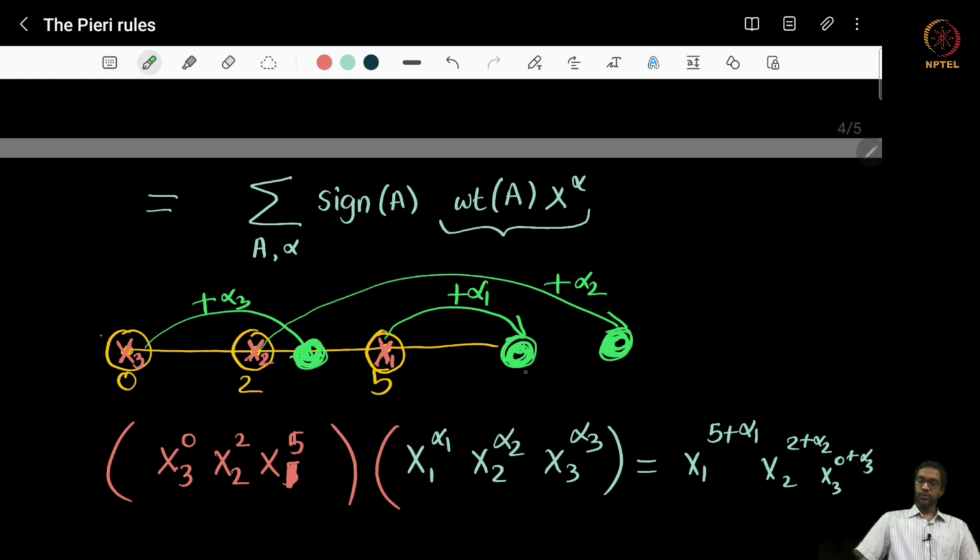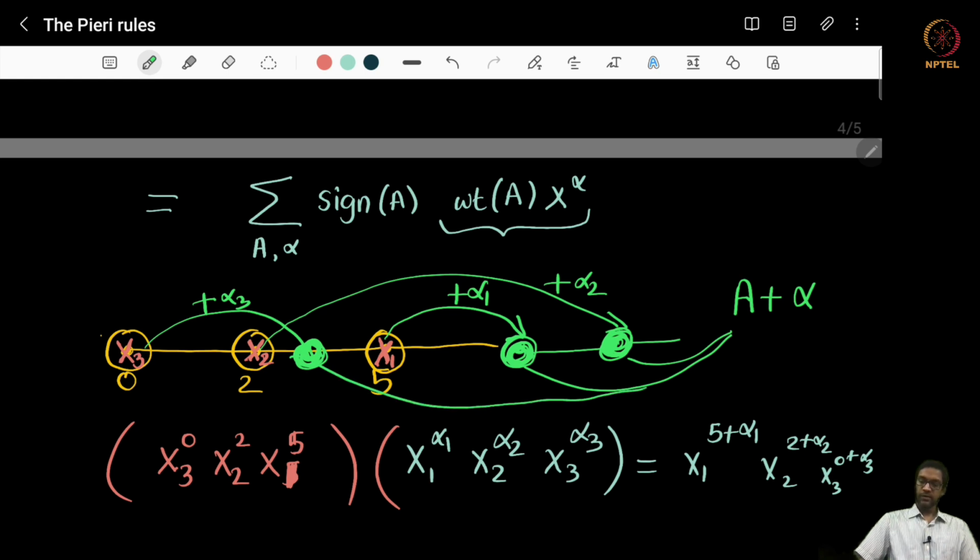That new abacus, the 3 green beads, I will call the original abacus A translated by the amount alpha, the new abacus A plus alpha.